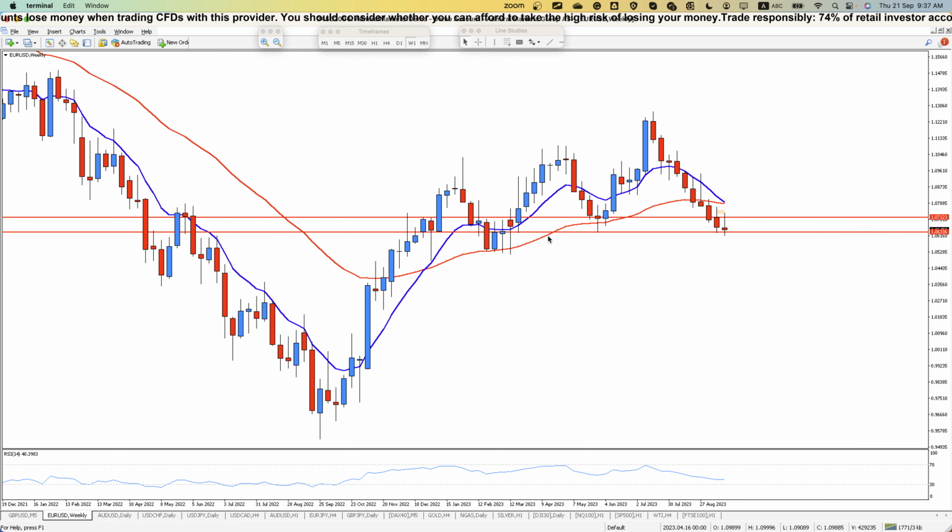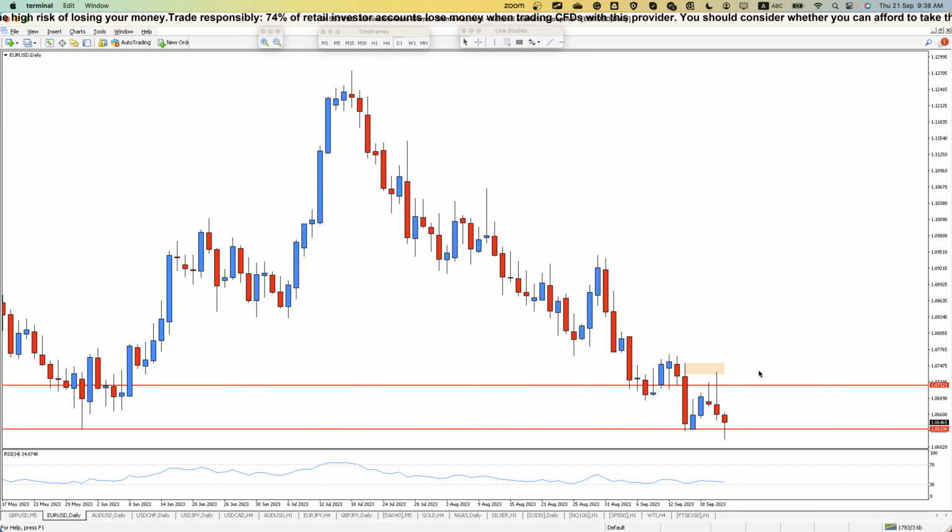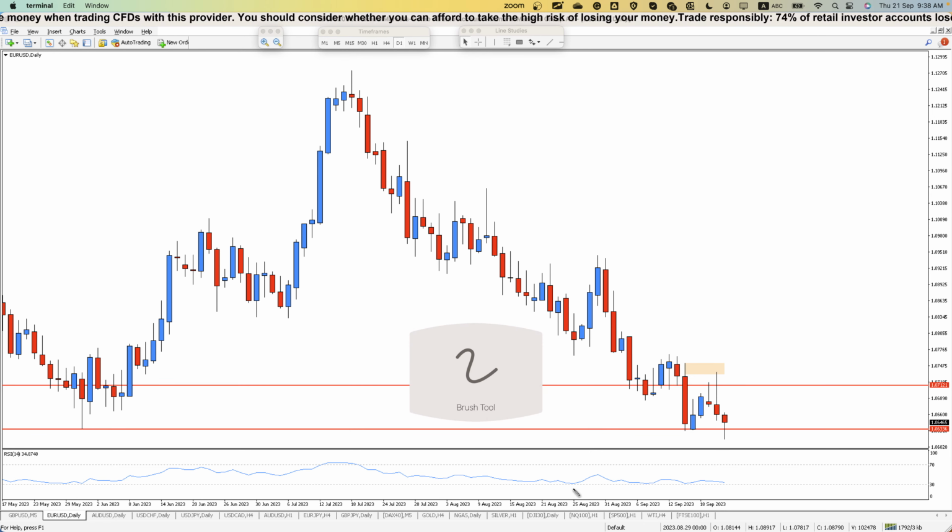Euro US dollar, same: price found some support at this weekly strong support area. I call it strong support because on the weekly we have two clear touches, and that makes it a very strong area of support. Then if we flip to the daily, here is the daily bottom. The indicator here, as you see, is unable to create new lows.